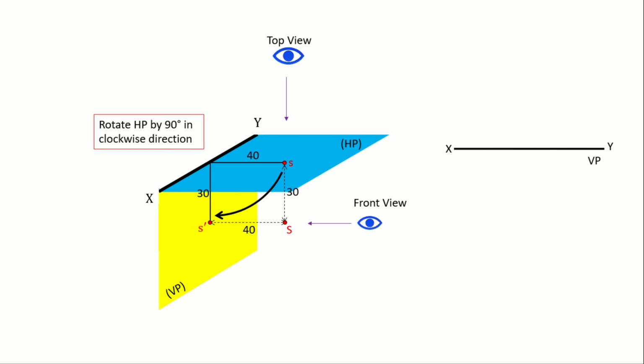Again, if you have reference line XY, measure 30 mm, mark the point S dash, the front view of the point S. Again, from the same point on the reference line, measure 40 mm, mark the point S, the top view of the point S. This distance of S from XY is 40 mm. So here, if the point S is in fourth quadrant, both the front view and top view will be below XY. Now let us draw the projections.